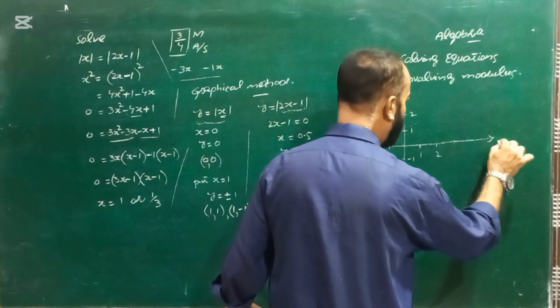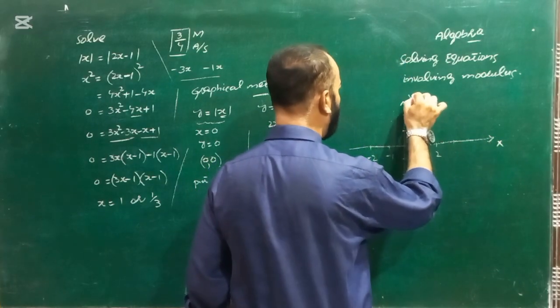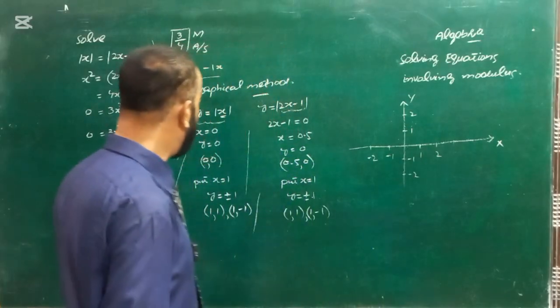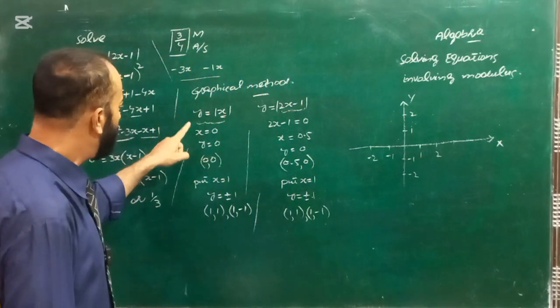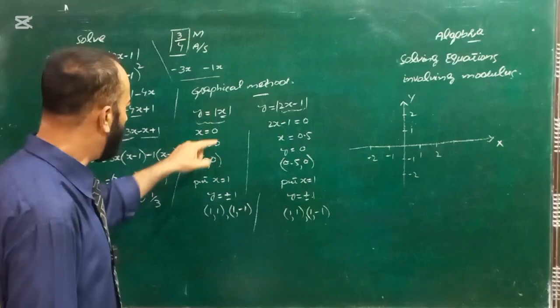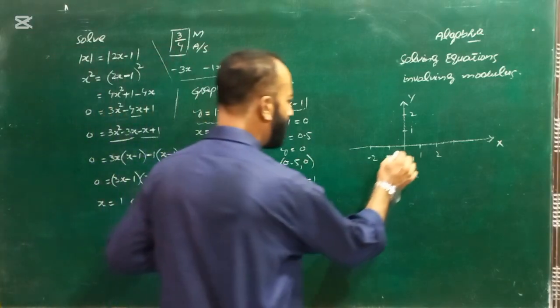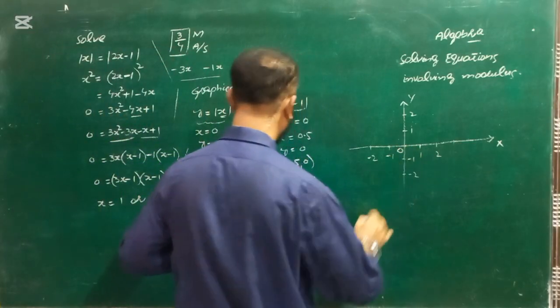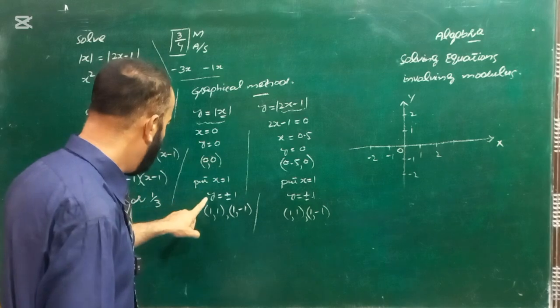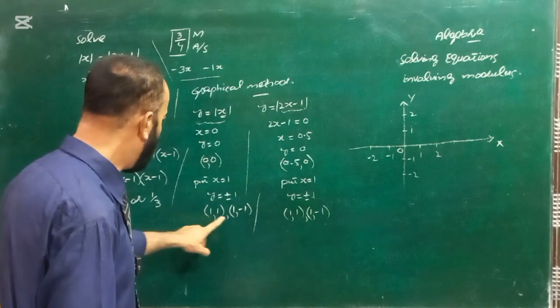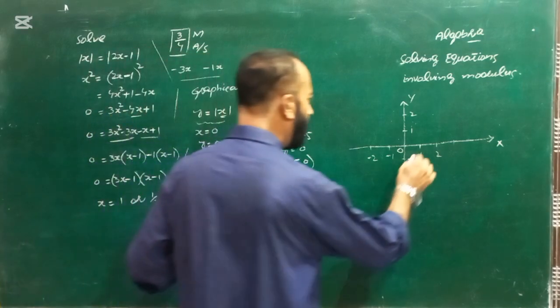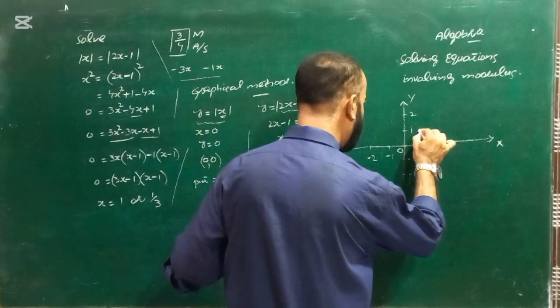This is x-axis, this is y-axis. So the things are very simple now. First we are going to plot this graph. So 0, 0 is the vertex. So here is 0 point. And we are going to plot these 2 points. So 1, 1. So here is 1, 1.